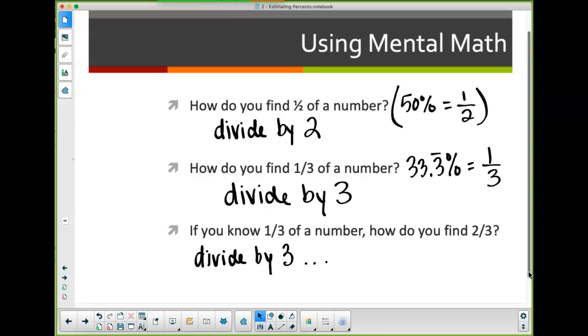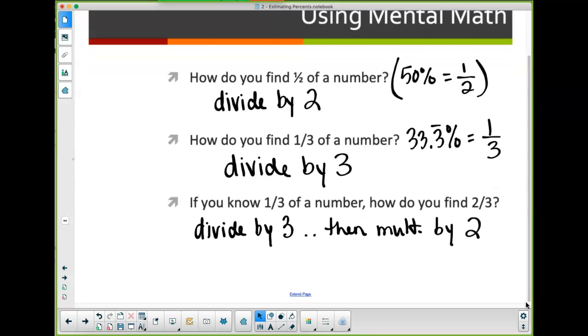Do you add 2 of them together? Add 2 of them together or multiply by 2. So divide by 3, then multiply by 2. So if I want 2/3, I can divide by 3, then multiply by 2.